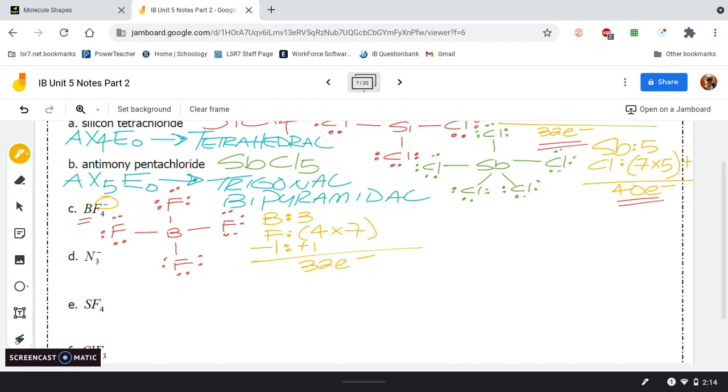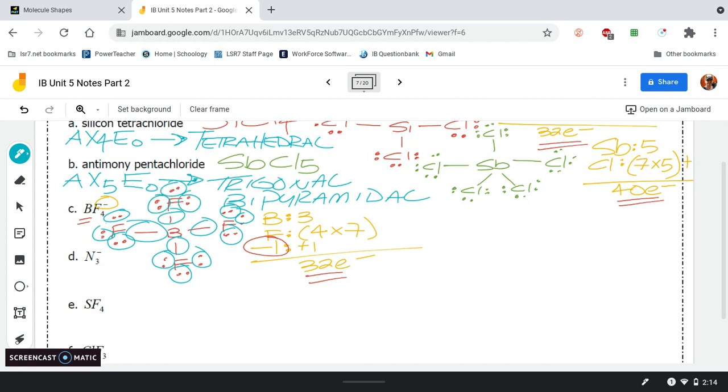The key thing here is that the minus 1 means you get to add an extra electron to your total. So 32. So what do we have here? 2, 4, 6, 8, 10, 12, 14, 16, 18, 20, 22, 24, 26, 28, 30, and 32.